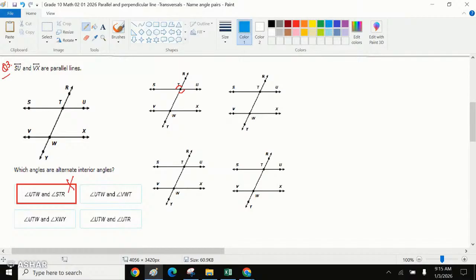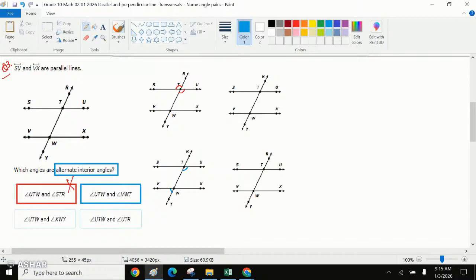So the next one we have is UTW. Where is U, T, and W? This angle. And VWT. Where is V, W, and T? Okay, we were looking at alternate interior angles.